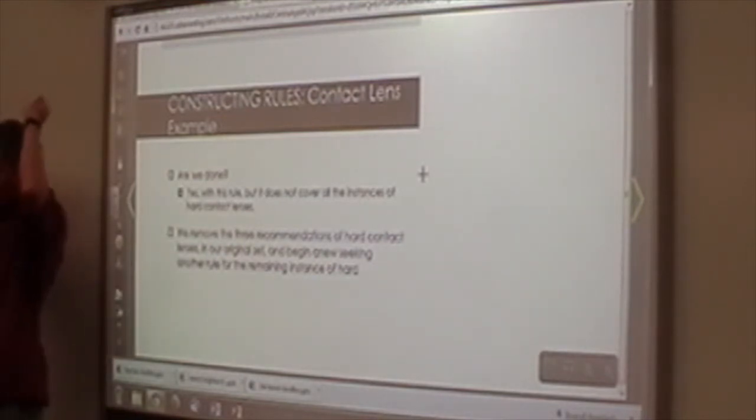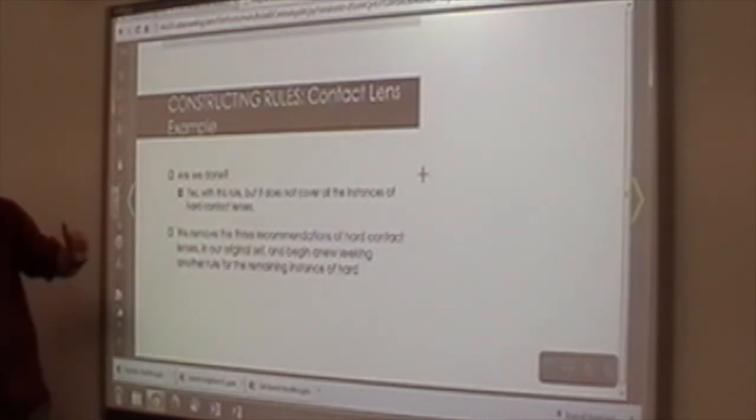We have to go back and see what's all been covered. We have one remaining instance that we've not covered with this rule to get to a recommendation of hard contact lenses. At this stage, we've pretty much gone through the rules we can possibly go through. So how can we find this last instance for hard recommendations?